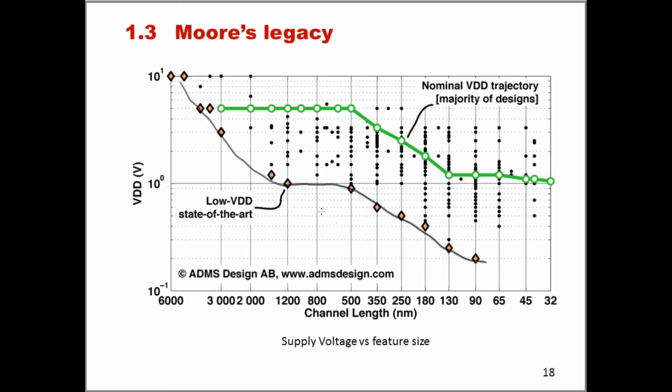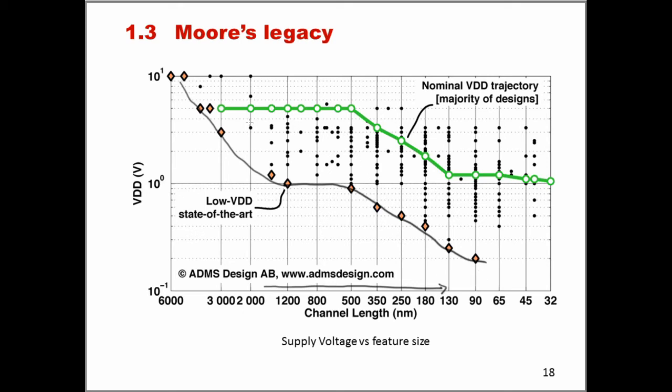So we can see that as we shrink the device, as we decrease the channel length, the actual voltage applied to the transistors was actually decreasing. This is the best, let's say, that we could find in the market.